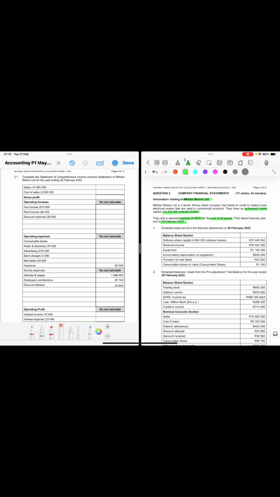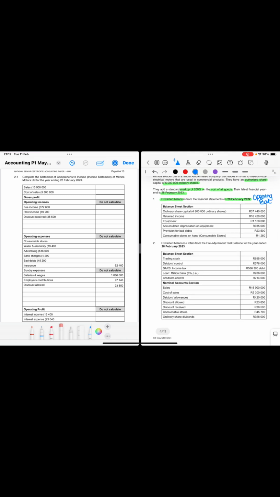The next information is giving us extracted balances from the financial statements on 28th February 2022. So that's telling us those are opening balances. Okay, then we continue. Extracted balances or totals from the pre-adjustment trial balance for the year ended 28th February 2023. So we will be applying the adjustments to the following values.